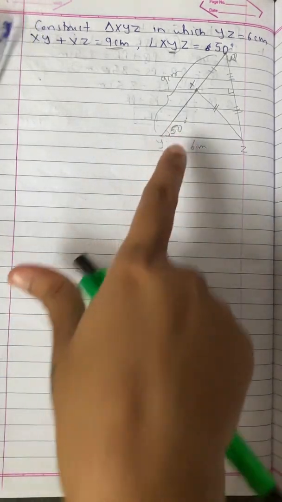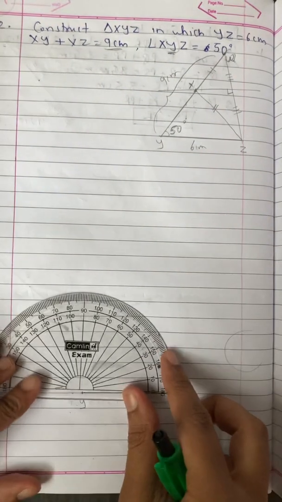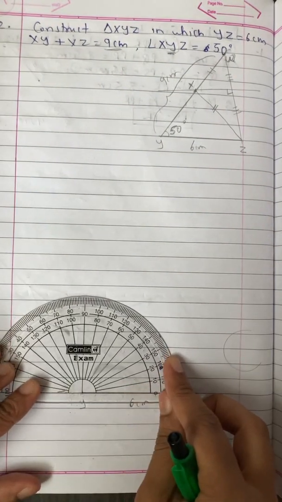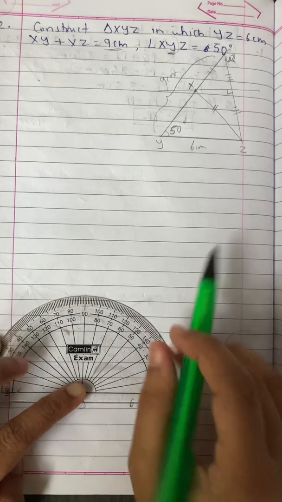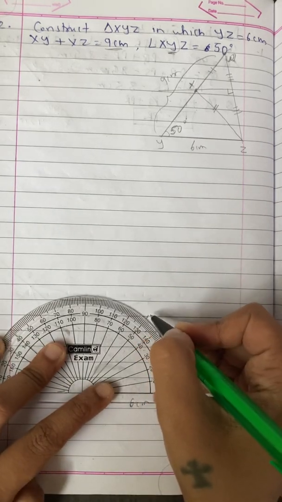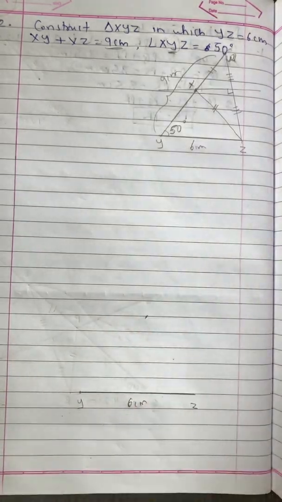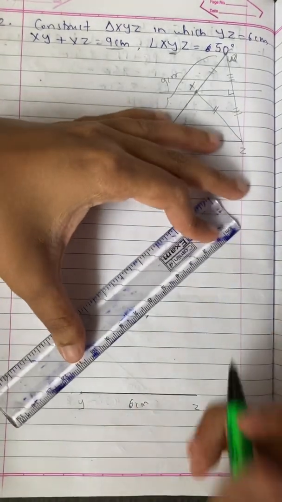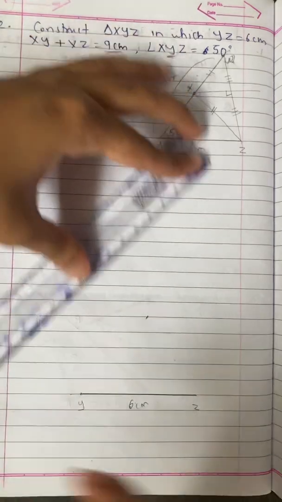Now draw angle Y equal to 50 degrees. I'm not going to repeat the procedure now. I'll draw it quickly because now you should know the procedure. After I get this 50-degree marking, I join the points. I draw a long ray.